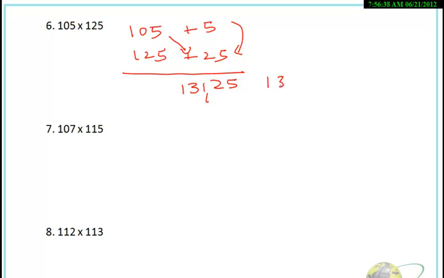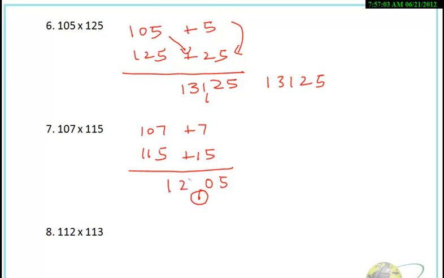So the final answer is 13125. Similarly, 107 into 115, it's plus 7 from 100. It is plus 15 from 100. 15 into 7 is 105. Just write 05 over here and we will carry 1. 107 plus 15 will give us 122 plus this one, it's 123. Okay, friends.